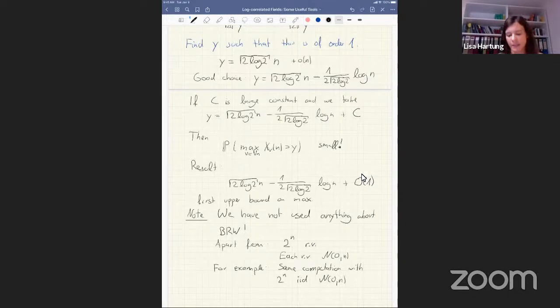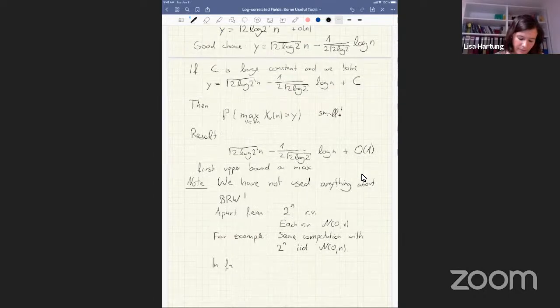One can convince oneself that the answer we got as an upper bound, square root 2 log 2 n minus 1 over 2 square root 2 log 2 log n plus 1, is the order of the maximum of 2 to the n IID Gaussians.